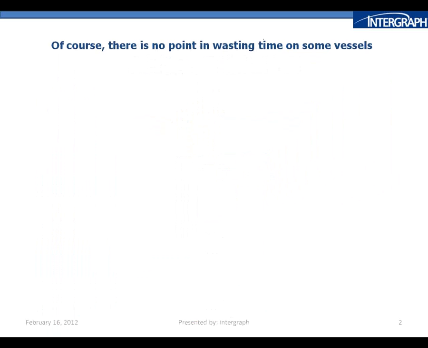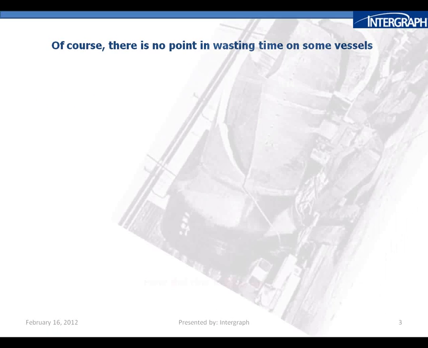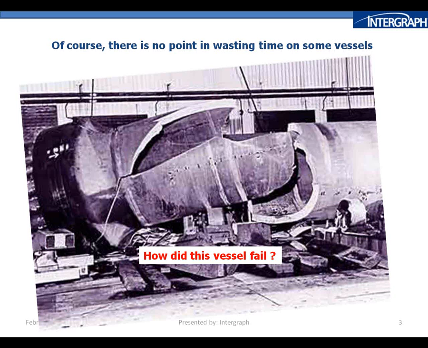Of course, there's no point in wasting time on certain vessels. We can look at this vessel, for example. Now, this is a very, very unhappy vessel. Indeed, it suffered a fracture during the hydro test. Does anybody know what type of fracture this is? You can look at the fracture face up here, which should give you a clue what's happening here.